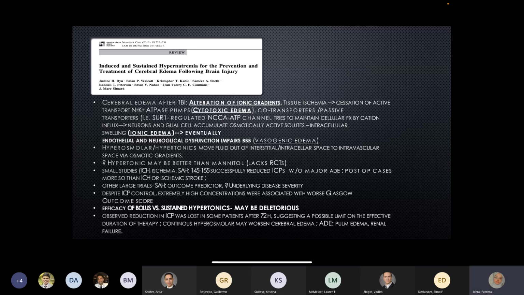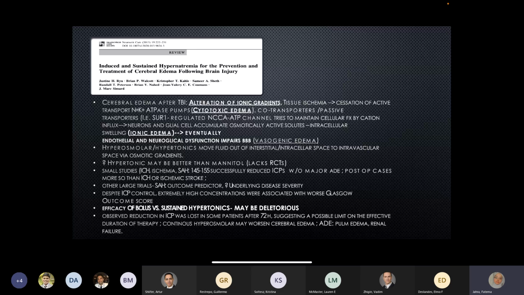So the way these hyperosmolar mannitol therapy and hypertonics therapy work acutely is that you give it fast, and if you give it acutely, they just draw out the fluids from the interstitial space and then reduce swelling.